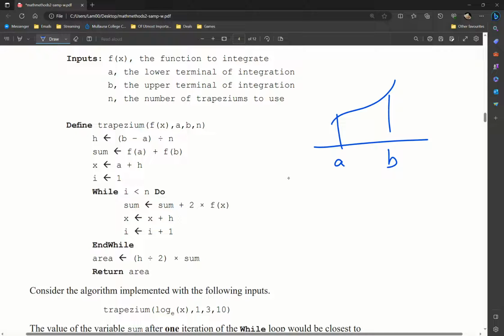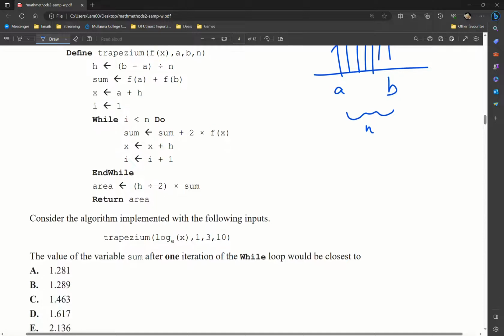The number of trapeziums to use is n. We'd end up with the integral, and because we're inputting ln of x as our function, we have our integral from 1 to 3, because the next two values are 1 and 3, of ln x dx, right? Where n is the number of trapeziums to use.